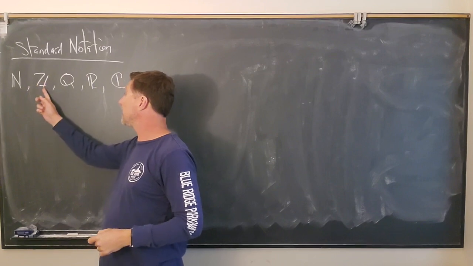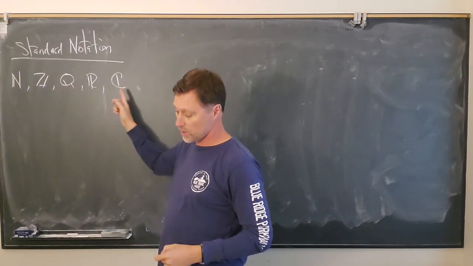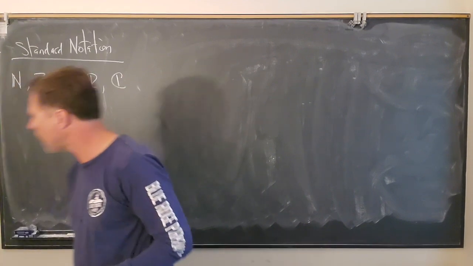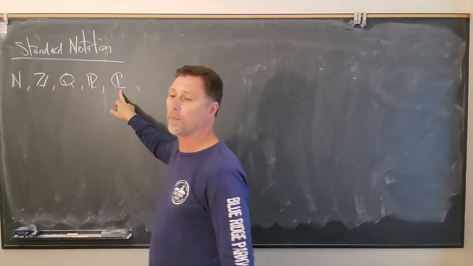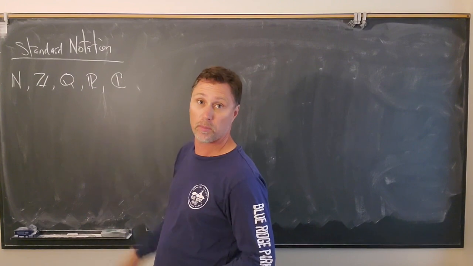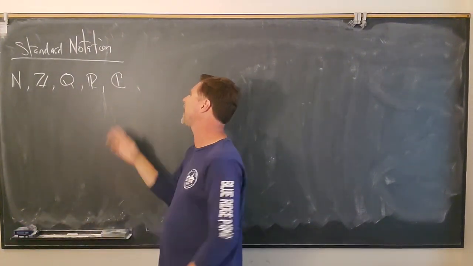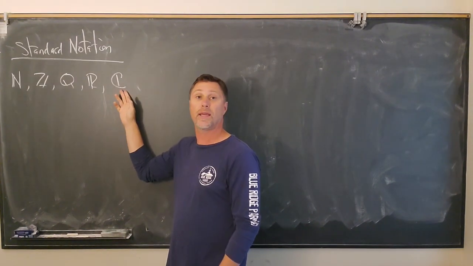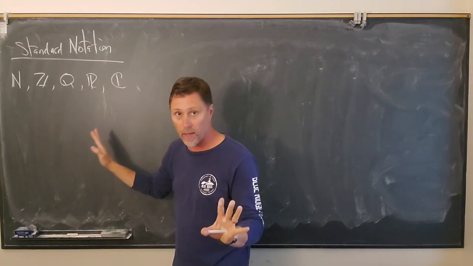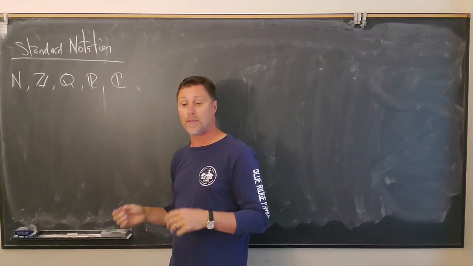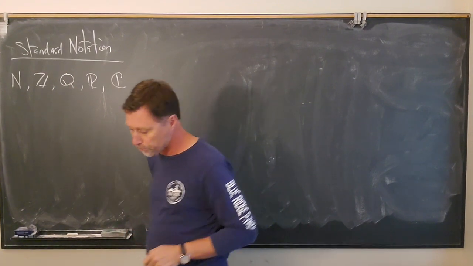Natural numbers, integers, rational numbers, real numbers, complex numbers. You're not going to need to know a whole lot about the complex numbers, but you need to know what a complex number is and how to multiply complex numbers. We will review them and they will come up in this class. Even if you haven't had a course in complex analysis, that's okay. We will cover everything that you need to know about complex numbers in this class, but they will show up.